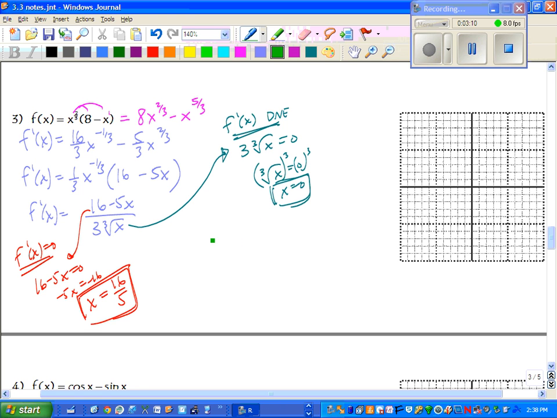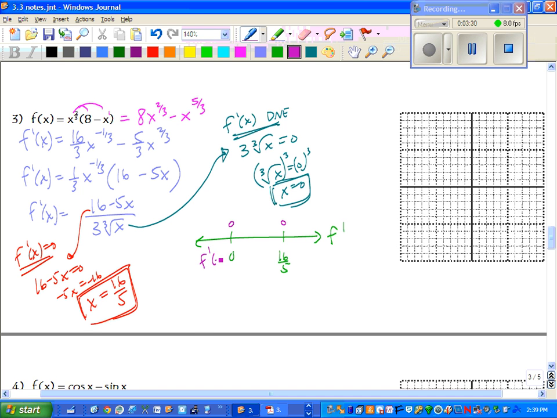That gives us two critical values for our number line. We have 0 and 16/5. And we want to figure out what the derivative is in between and on either side of these.